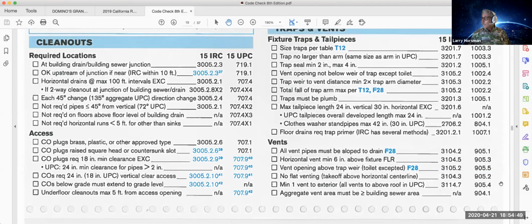So they do have a pancake trap that's a little flatter. The problem is that will evaporate out more quickly. And if you lose the trap seal, then you can have gas coming up into the building. And usually that's a bad thing.